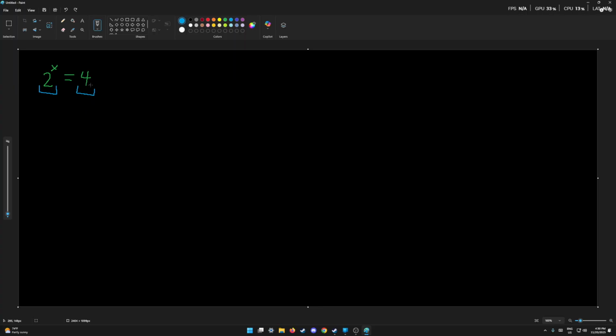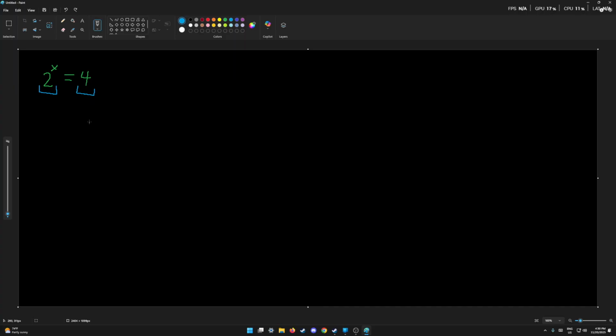Typically, it's easier to go from large to small because I can express the 4 as 2 squared instead of expressing the 2 as the square root of 4. That's a little goofy and it just doesn't look good.